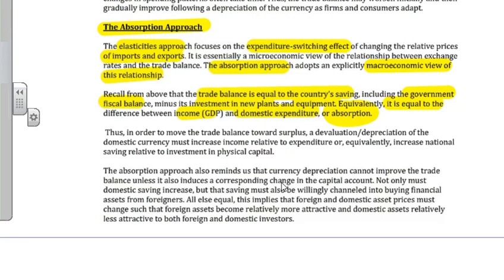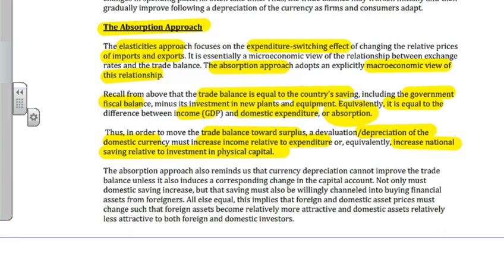In order to move the trade balance towards more of a surplus, how do you get a surplus? Depreciation of the domestic currency. And what would that then do? It'll increase income relative to expenditure, increase national savings, or increase national savings relative to investment in physical capital.